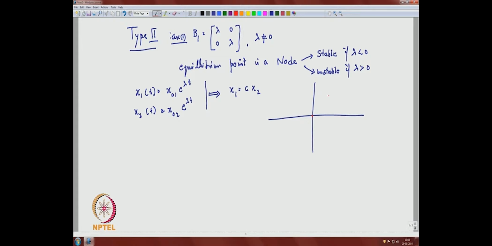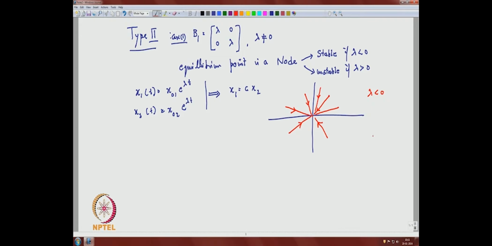When lambda is negative it will be stable. Wherever you start, the trajectory is a straight line, moving along it toward the origin. That is the phase portrait for lambda less than 0.